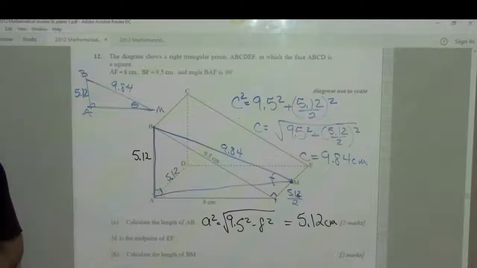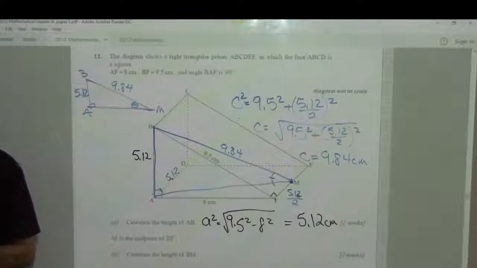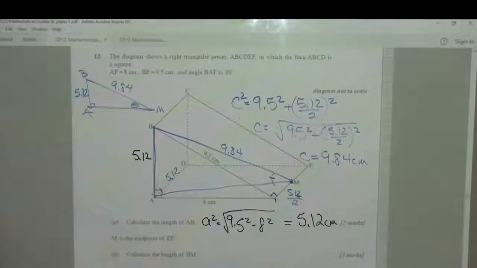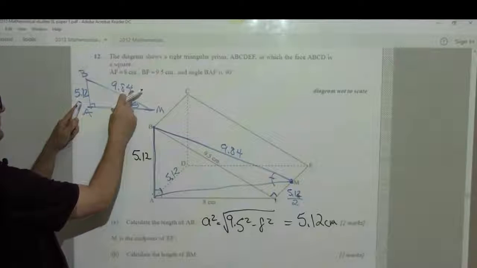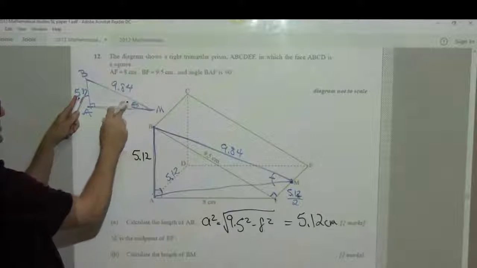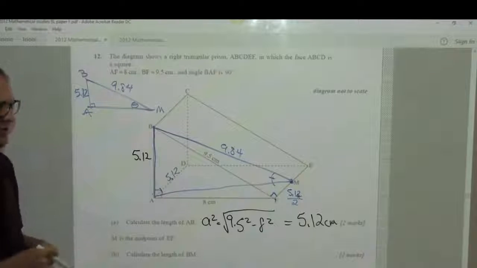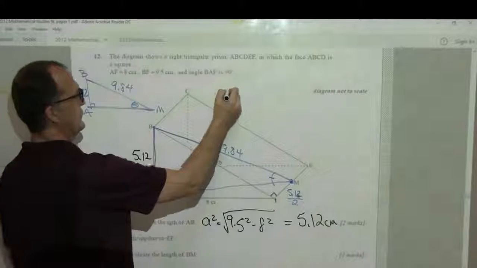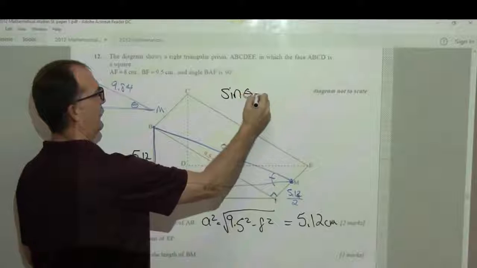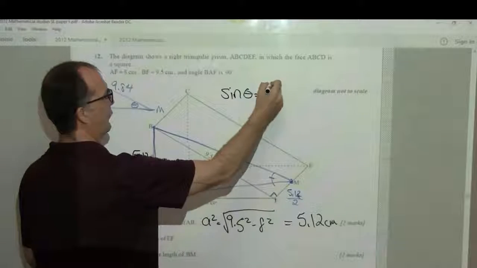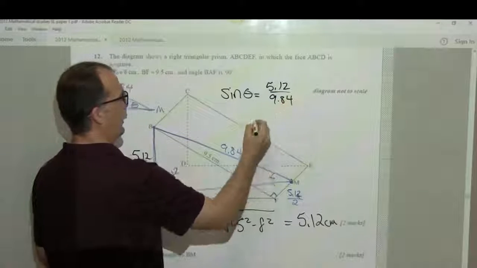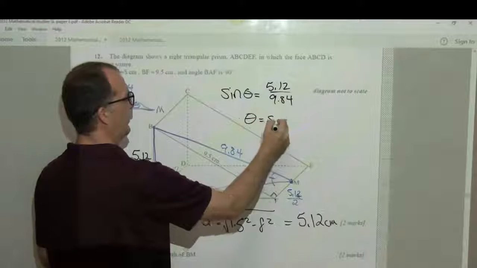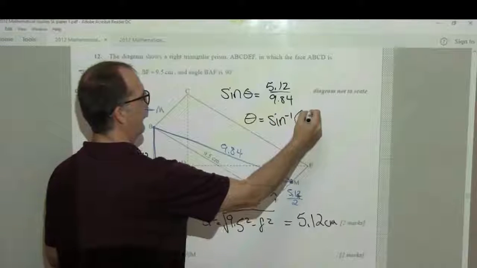Again, this is a nice trigonometry problem. I'm going to give myself some space to work, but really the work is just writing out; we're going to do the rest on the calculator. I have the hypotenuse and the side opposite the angle, so SOHCAHTOA tells me that is sine. Sine of the angle is the opposite over the hypotenuse. I need to take the inverse.